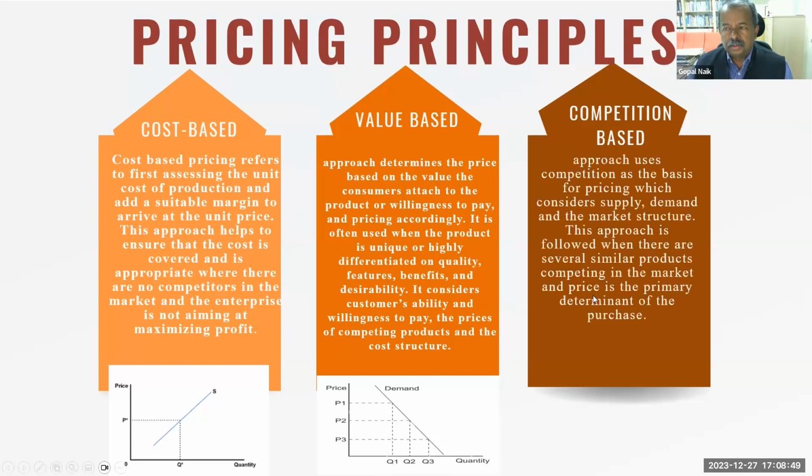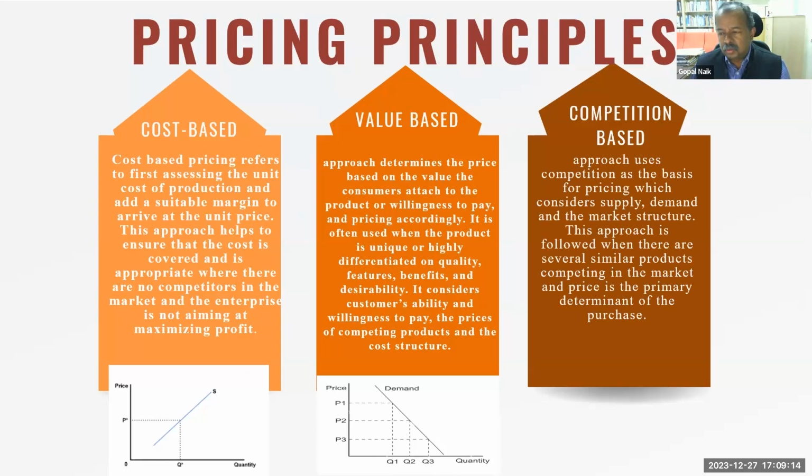The third category is competition-based approach, which uses competition as the basis for pricing, and considers supply, demand, and the market structure, as we discussed yesterday. This approach is generally followed when there are several similar products competing in the marketplace, and price is the primary determinant of the purchase.